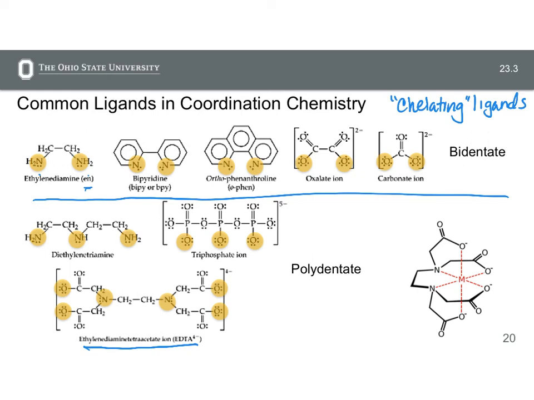But this has 6 points at which it binds to a central metal atom in that one molecule. So the 2 nitrogens that are sort of in the center, and then the 4 oxygens that are on the ends. And this figure represents EDTA bonding to the central metal atom. So it almost completely encircles that metal and holds it in place and sort of keeps it there, which is kind of neat.